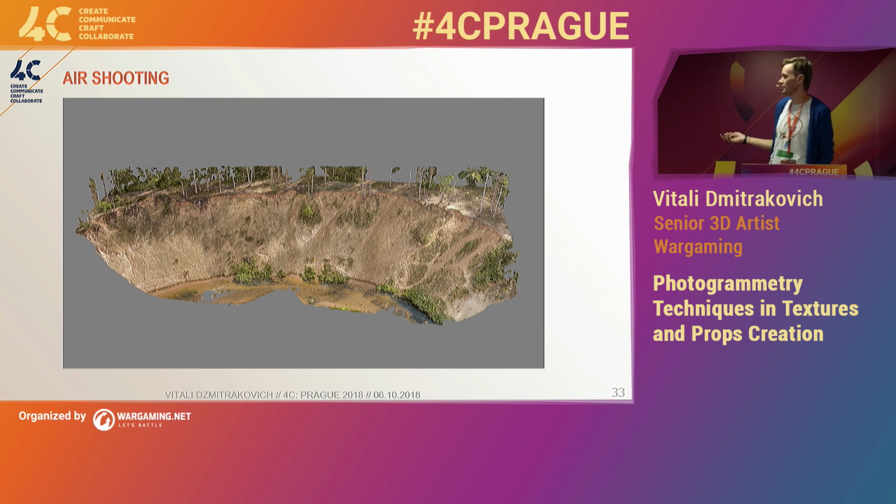It was too large to shoot from hand, so we used drones. You can see a lot of parasite lighting information on it, but it was not important for us in this case, so we only needed geometry from this scan.